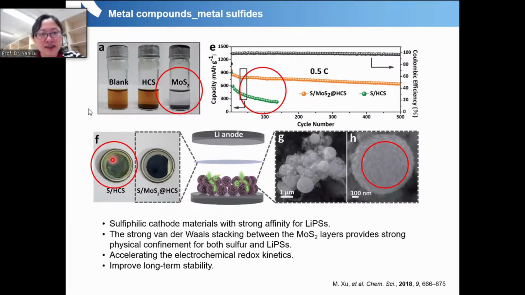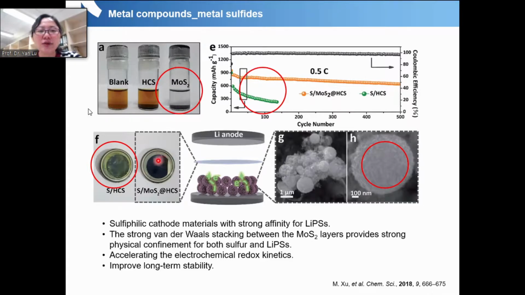The authors also opened their cells, and you can see here there's a kind of yellow color. This means the sulfur, because sulfur is yellow, has already diffused to the outside. And this is also an indication of the shuttle effect of the polysulfides.